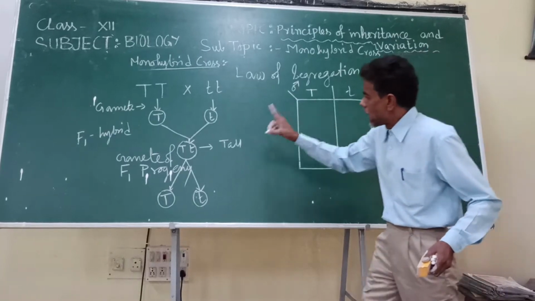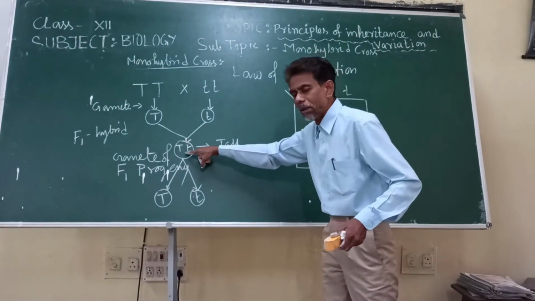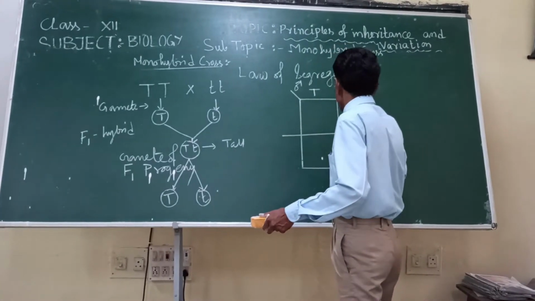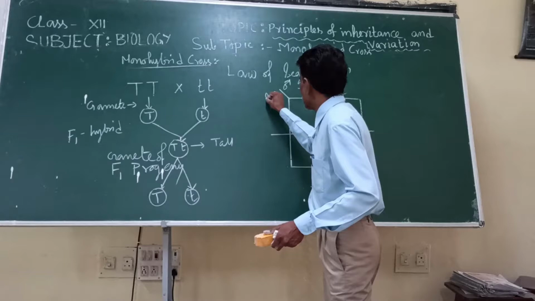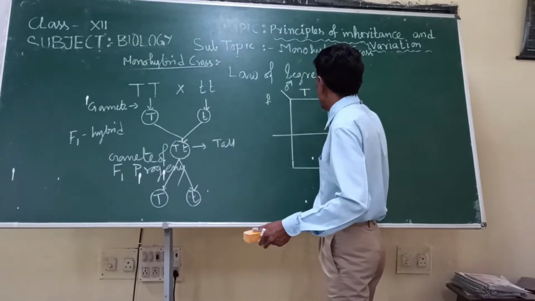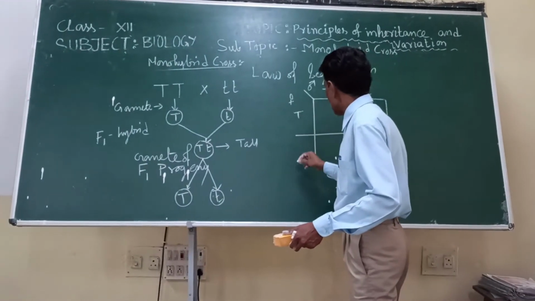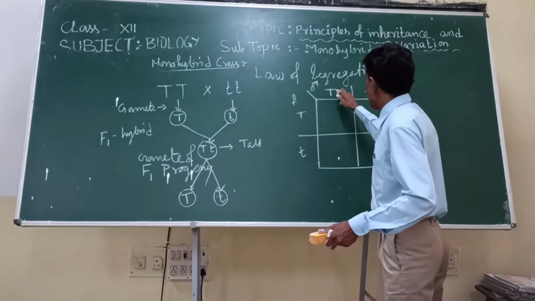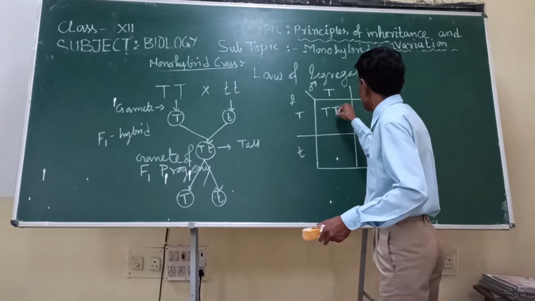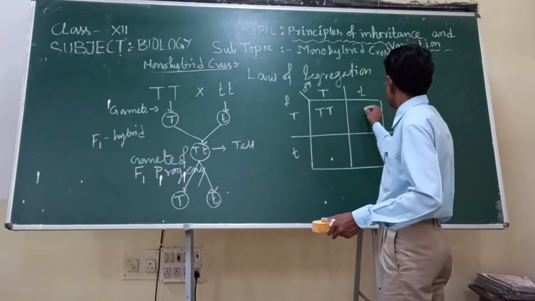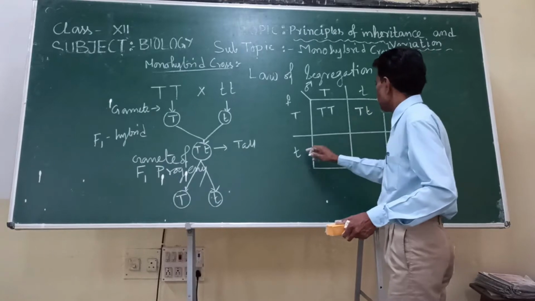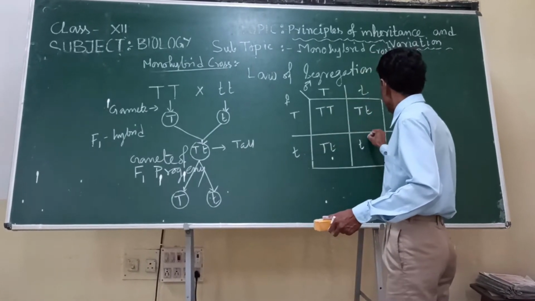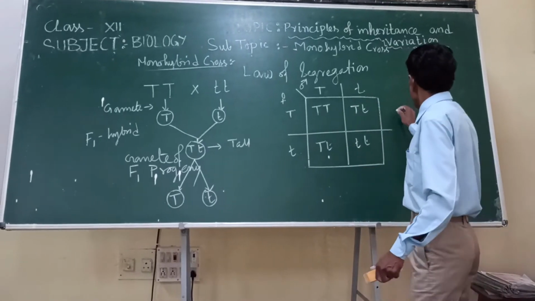Another plant, the same F1 hybrid, having the capital T, small t combination, producing gametes. So we denote this as a female plant, this as a male plant, male gamete, female gamete. Same capital T, small t. This is what you call a Punnett square. So capital T, T; capital T, small t; capital T, small t; small t, small t.